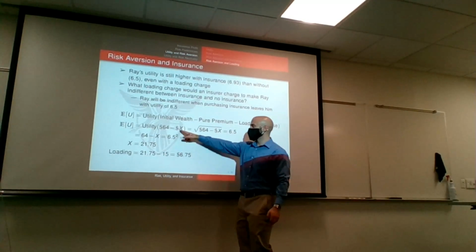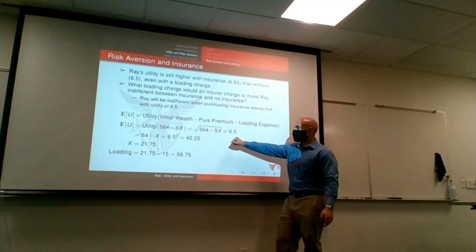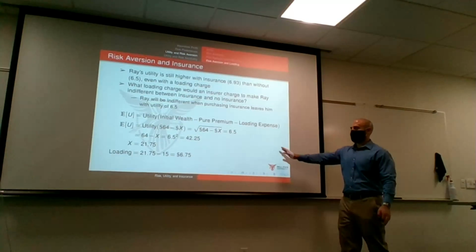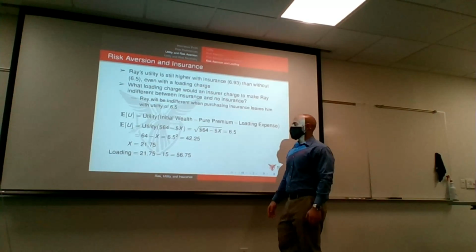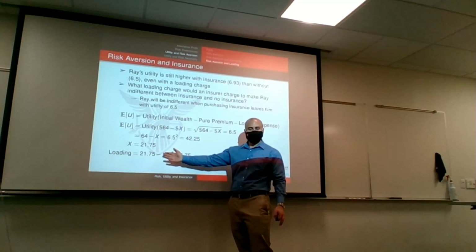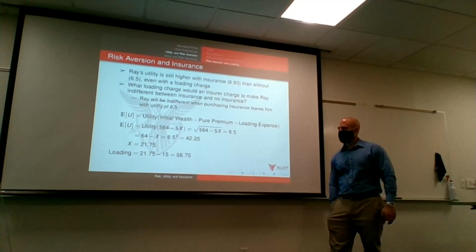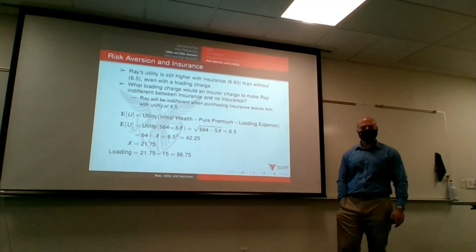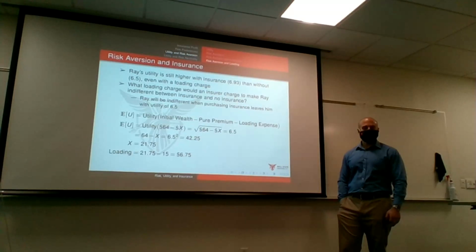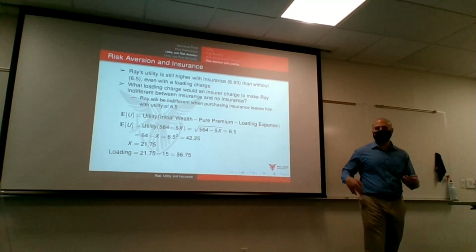So this is our unknown. How much can we charge? Work through some simple algebra here. Square both sides. And we get it. We, the insurance company, could charge up to $21.75, leaving him with $42.25. And he would be at 6.5 utils or utility.